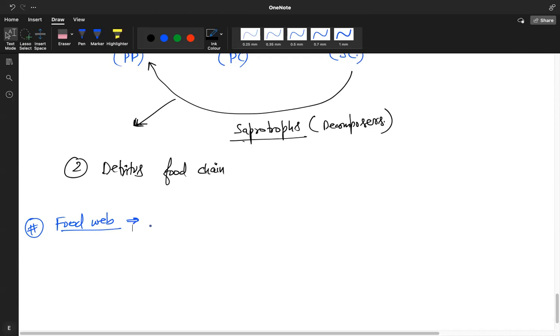First, write down this point before writing out food web: grazing food chains in nature, because there can be multiple grazing food chains in nature, are also interacting and connecting with the detritus food chain at various levels.